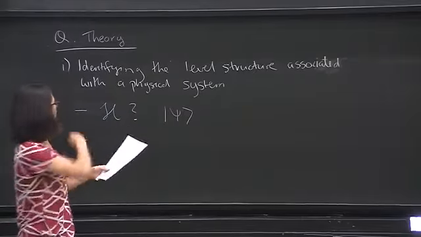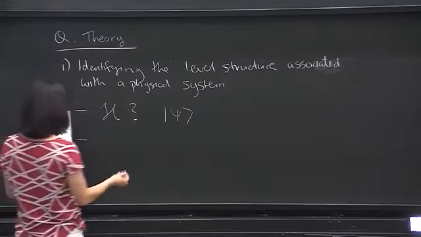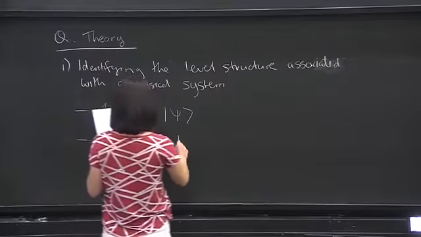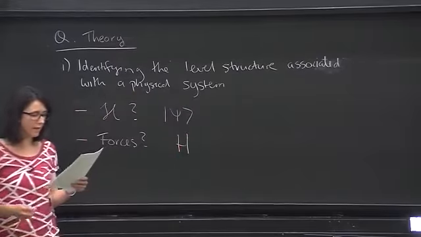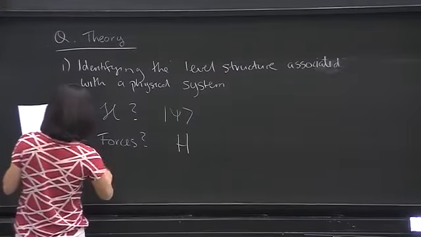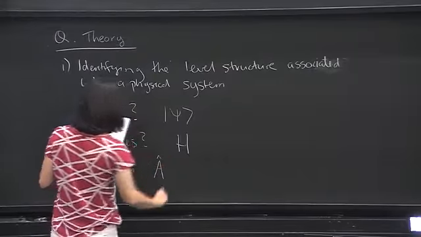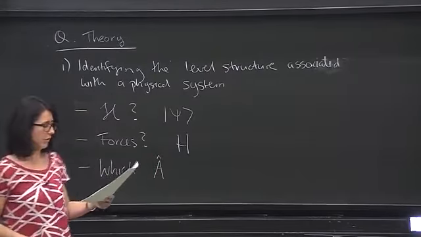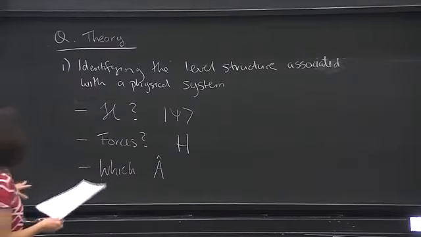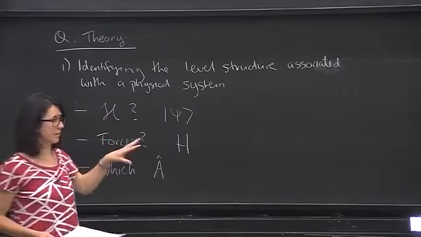Also, in that category, you would have what are the physical forces affecting the quantum system, which would lead to the Hamiltonian describing that system. And also, which operator or observable represents a particular experimental measurement procedure.